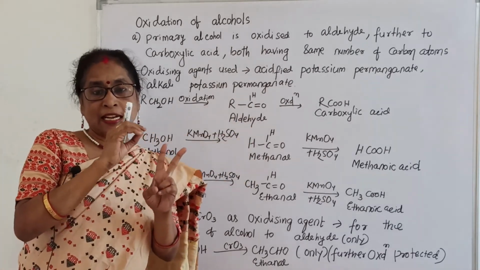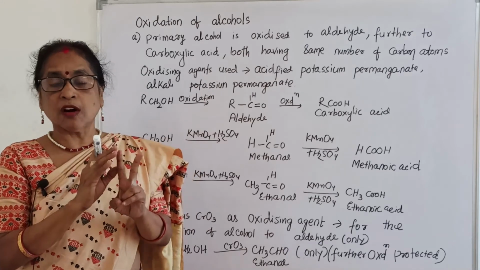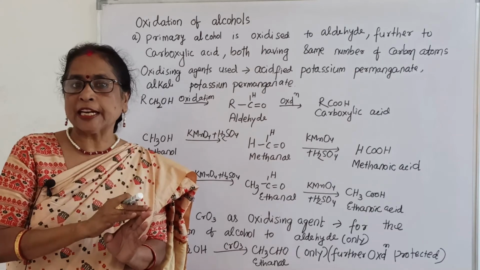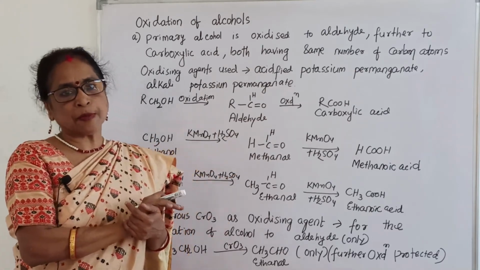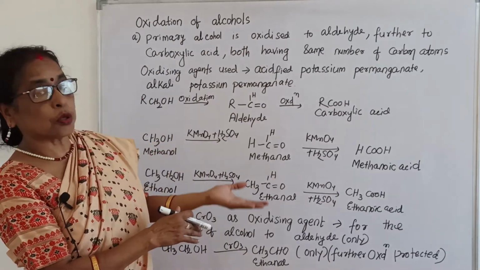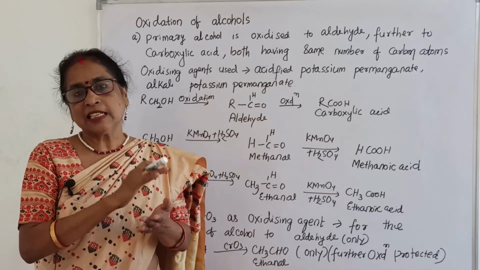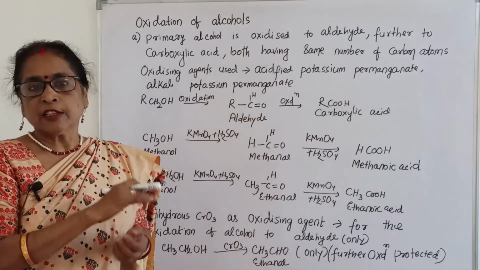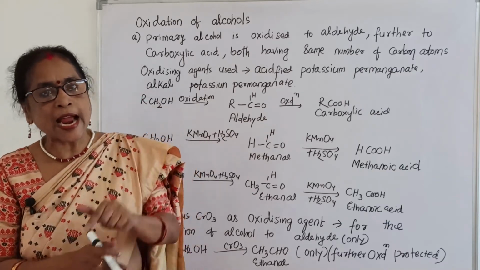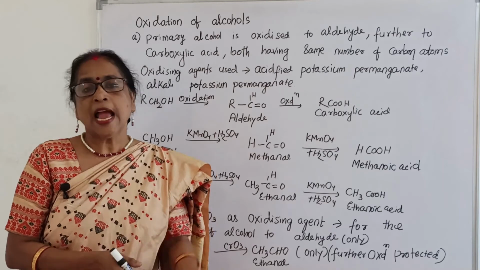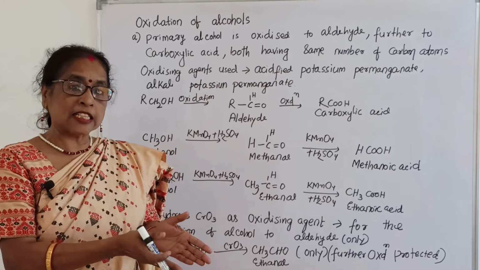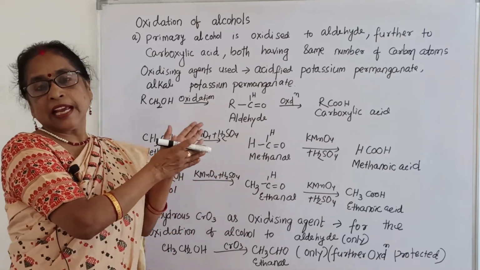But what is the relation between acid and aldehyde? What is the number of carbon atoms in the alcohol? That is the parent number of carbons. Aldehyde also contains the same carbons, and carboxylic acid also contains the same number of carbon atoms. Suppose the alcohol contains 2 carbon atoms, the aldehyde should contain 2 carbon atoms and the acid should also contain the same number of carbon atoms as the parent carbon in the alcohol.